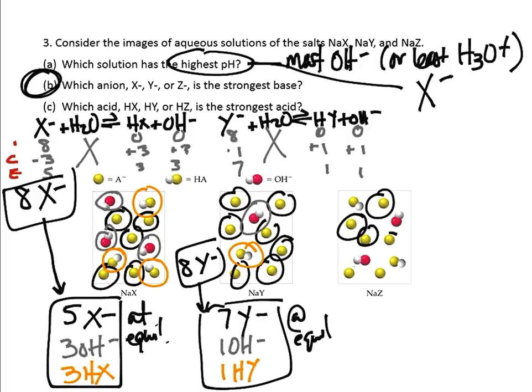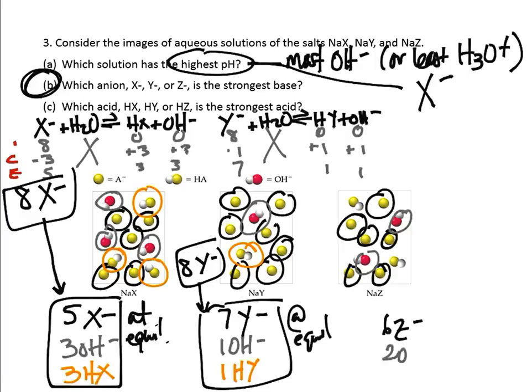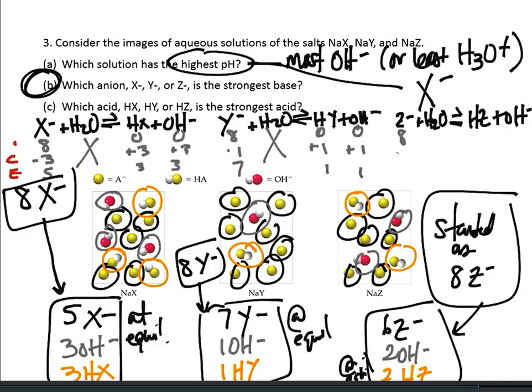If we look at Z, we have 1, 2, 3, 4, 5, 6 Z- molecules. We have 1, 2 hydroxides, and we have 1, 2 HZs. So again, this initially started with 8 Z-, and 2 of them reacted away, took a hydrogen ion from water to form hydroxide. So we can write this equilibrium expression here.